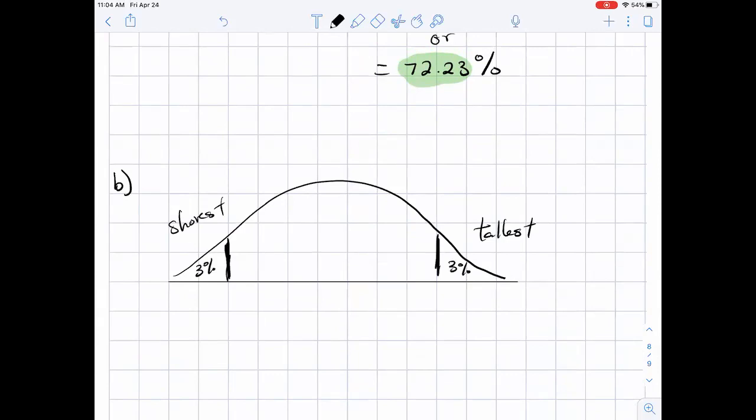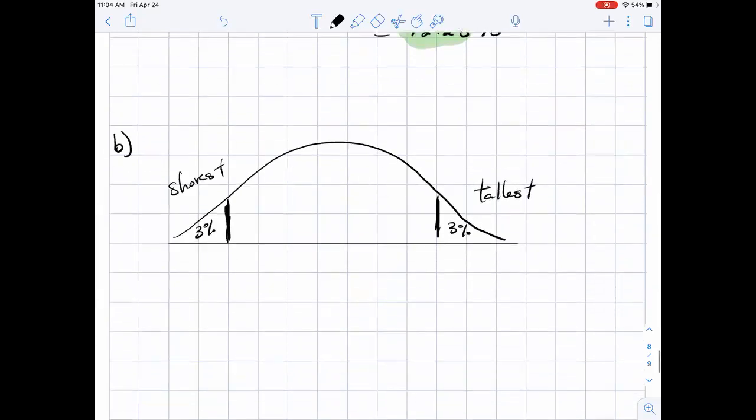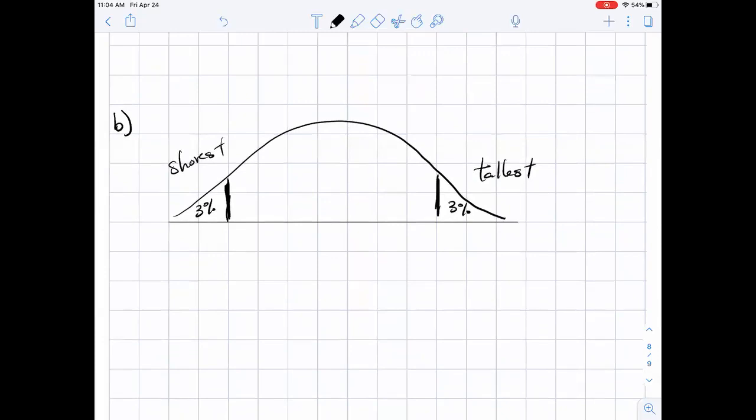Now notice where I write that 3%. Percent is a probability, isn't it? Pay attention, because this one is a little bit different. Yes. So keep in mind, these are probabilities. 3% is the same as 0.03.